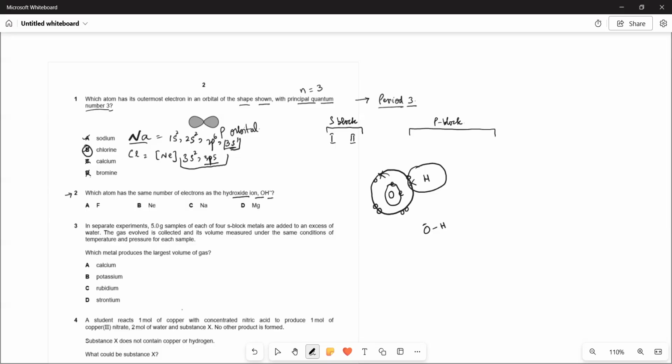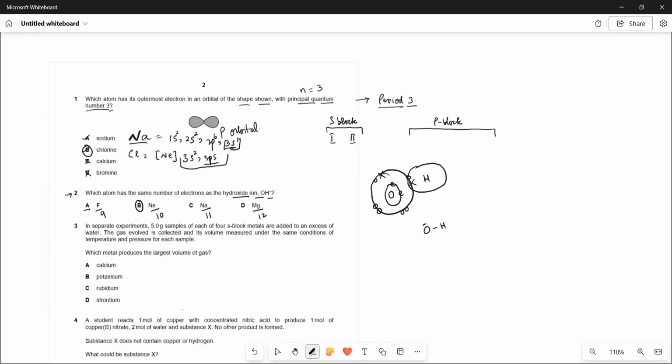There are 2, 4, 6, 8, and 10 electrons. So in the options, which one has 10 electrons? Fluorine has 9 electrons, neon has 10 electrons, sodium 11, and magnesium 12. So according to the structure of this hydroxide ion, neon has the same electrons as the hydroxide ion. Is it clear?